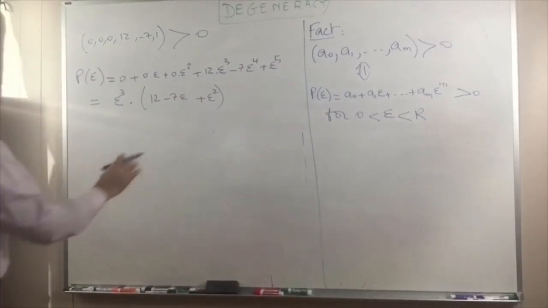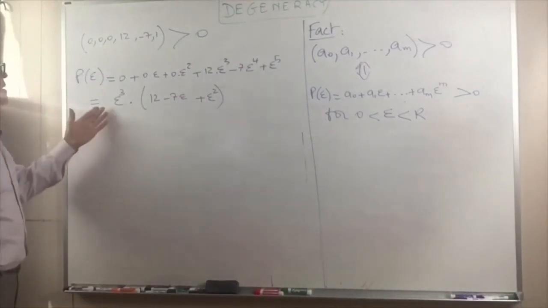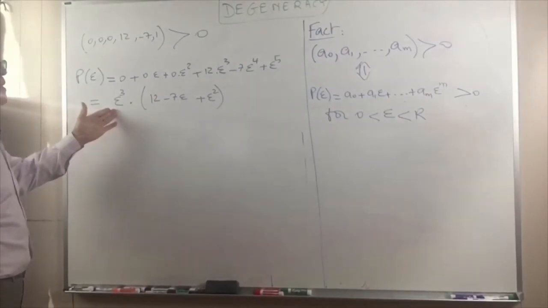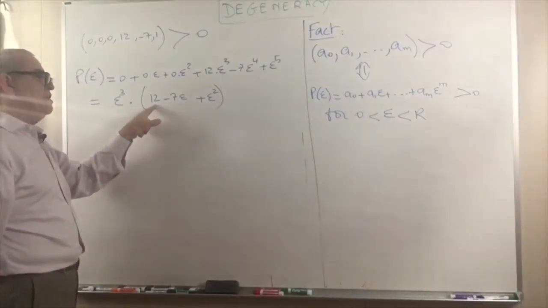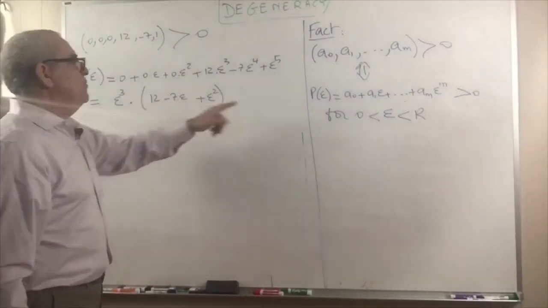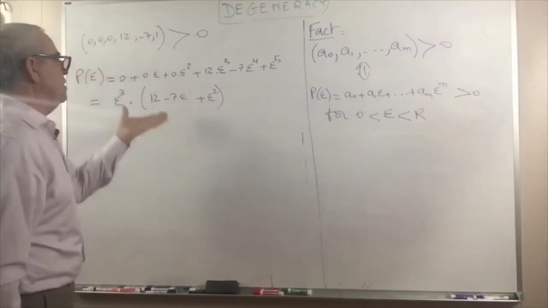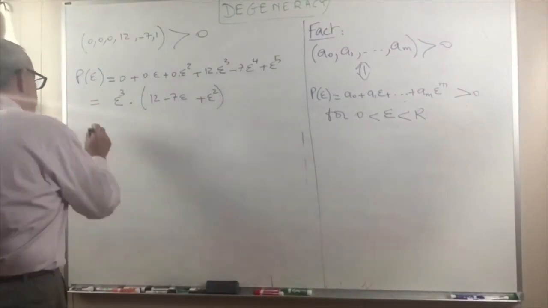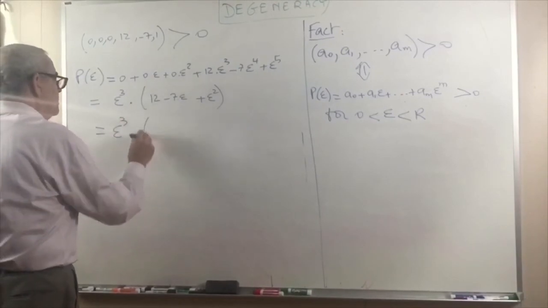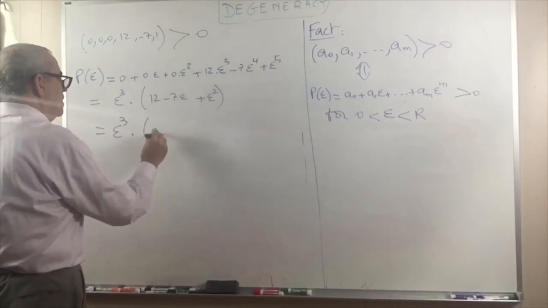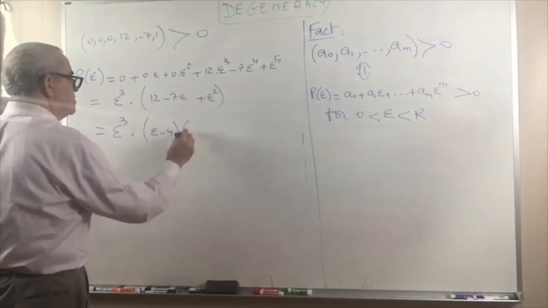Clearly this polynomial is positive near 0, because this is positive and then this is small, so this will be near 12. So this first statement is obvious just by looking at this expression. But here I'm going to do more than this: epsilon cubed, and this is equal to epsilon minus 4 times epsilon minus 3.